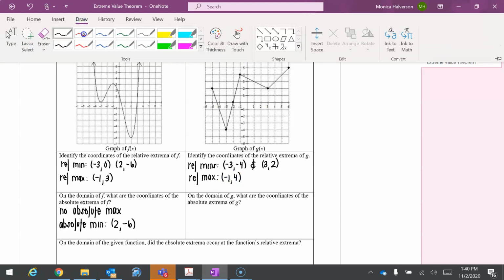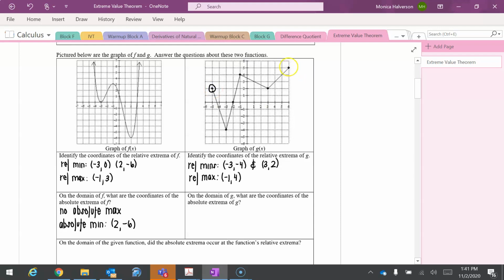These endpoints are not relative maxes because they do not change from increasing to decreasing intervals. They are just endpoints. Now for the absolute extrema, we know our absolute min is at (-3, -4). The absolute max can occur at the endpoint, and that is at (6, 5). That is the highest defined point of the graph.